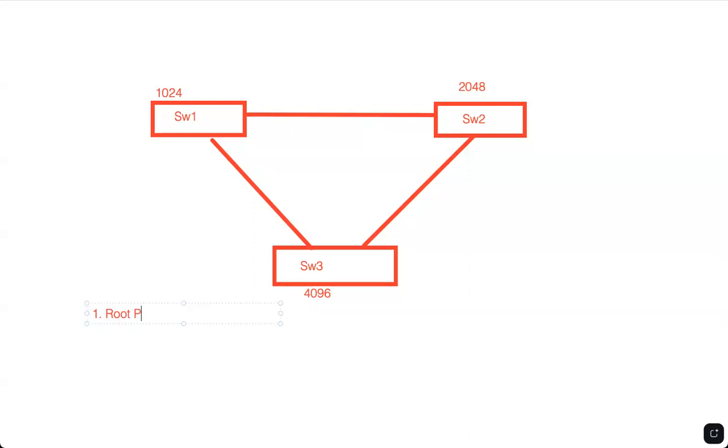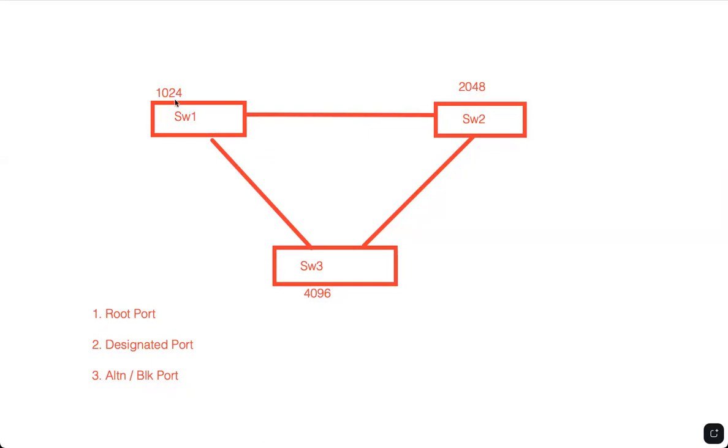So we have to talk about root port, designated port, alternate port, or blocked port. Okay, so in this case, who is the root bridge?